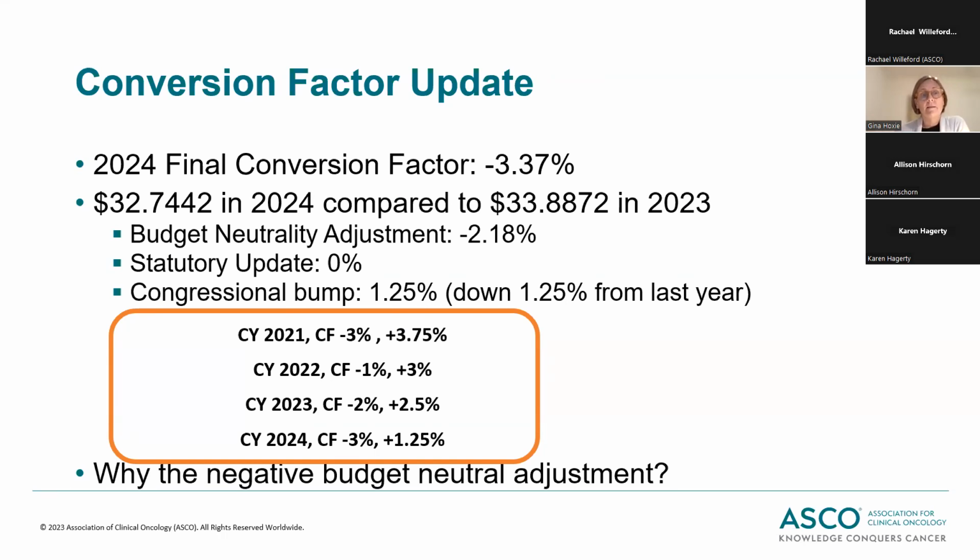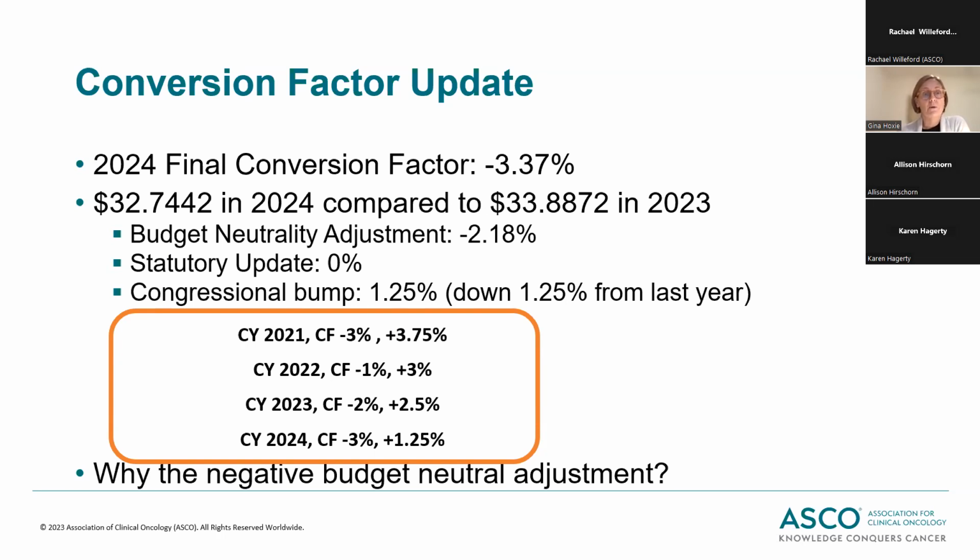And then the last thing is an addition to the fee schedule that stems back from the first E&M changes back in the 2020-2021 timeframe. So you may recall that back in 2021, CMS added an additional 3.75% into the fee schedule.